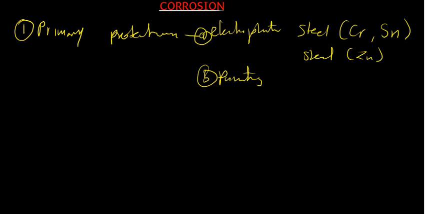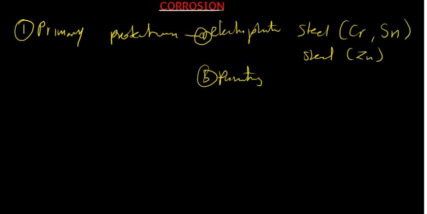Now, electroplating is simply coating a metal with a metal that can be more easily oxidized than itself. For example, let's talk of iron and zinc. We are saying we can protect iron by coating it with zinc.